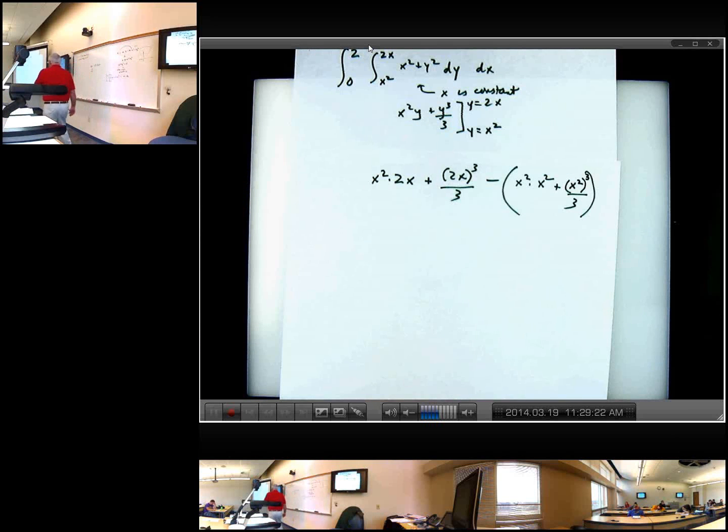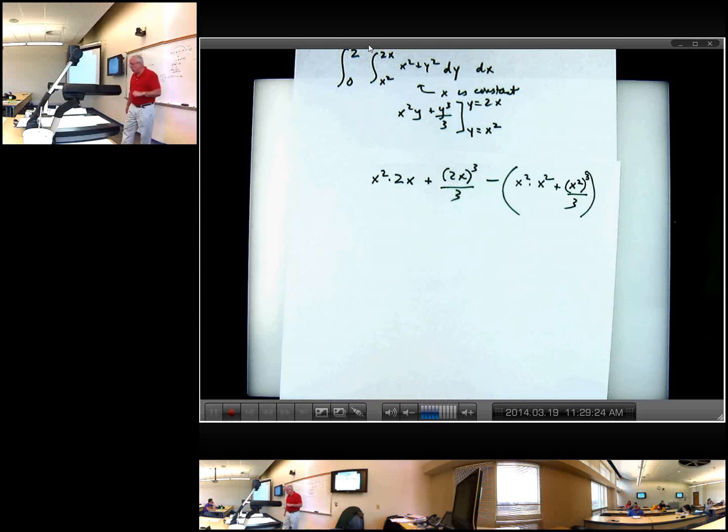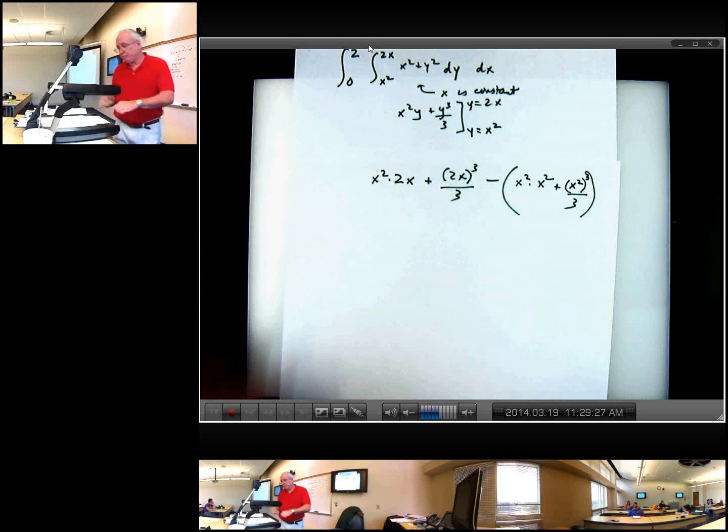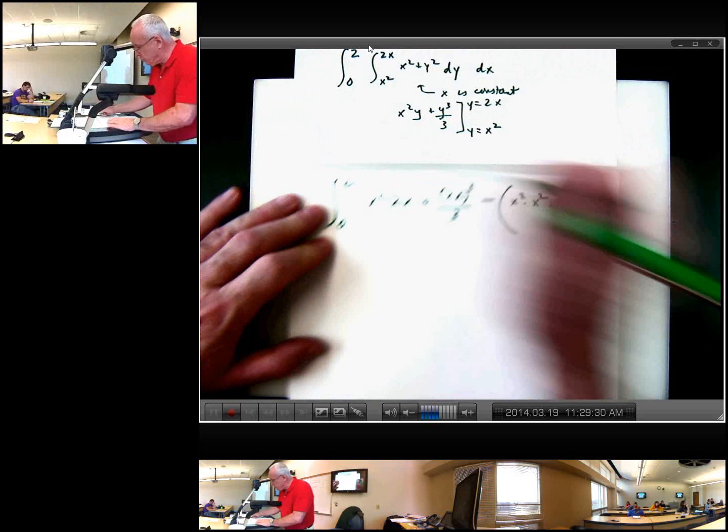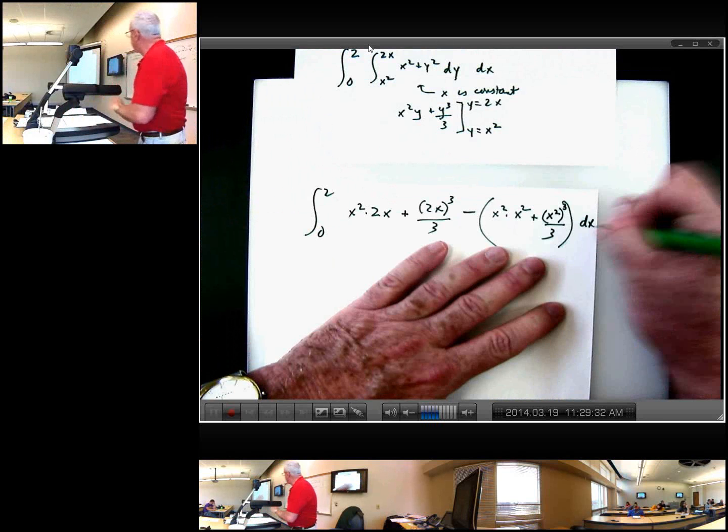You have to be careful that you do your exponent rules correctly with this. And then this all gets integrated from 0 to 2 dx.